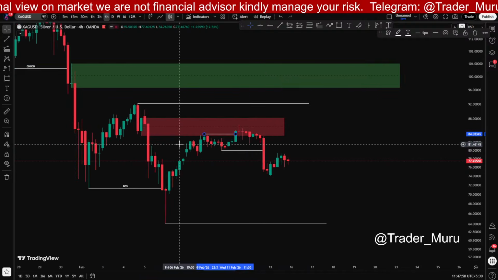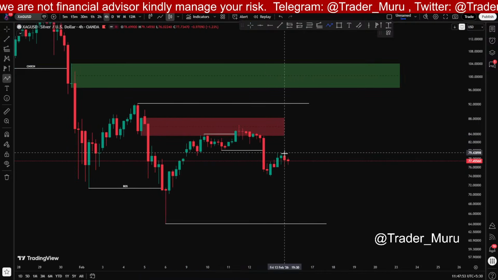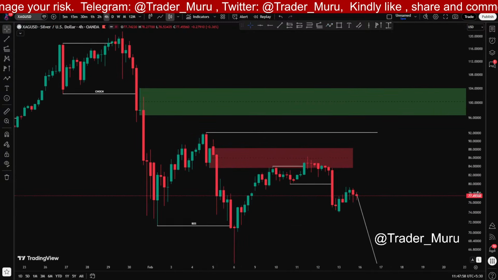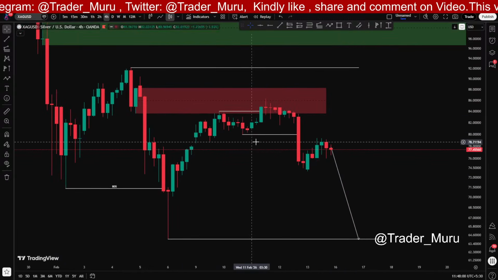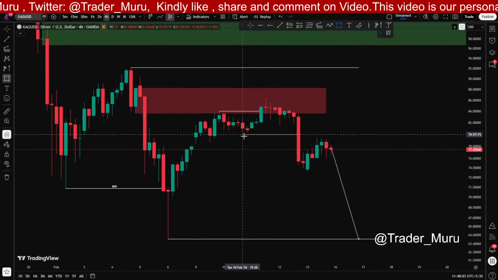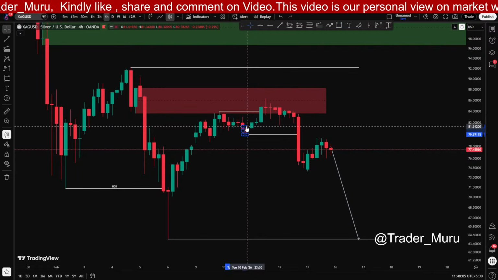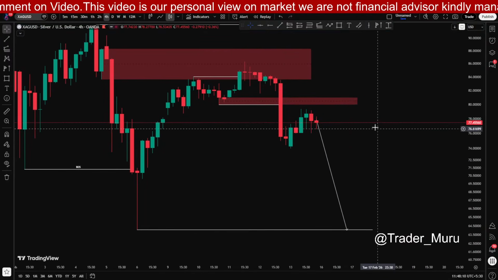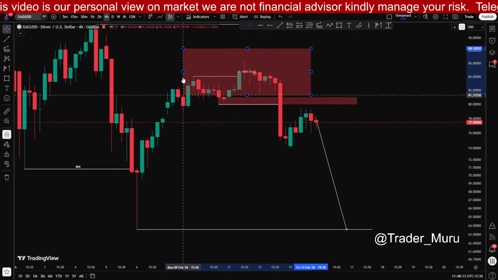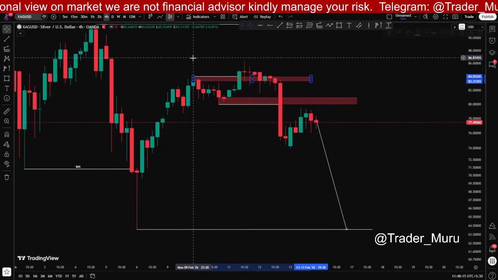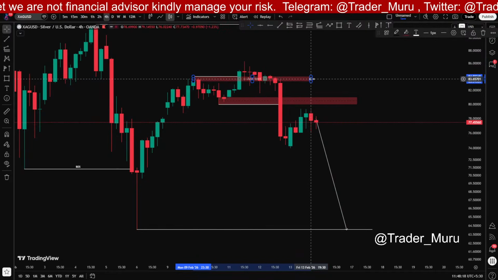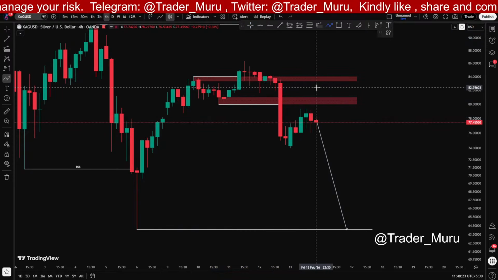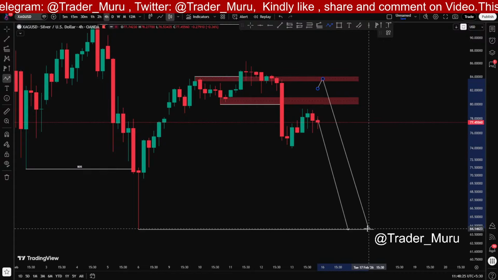So this is an indication that price wants to go to this level. So after the change of character, price should test this area and drop, as this QML zone is aligned with this supply. See this? So from these 2 zones, I'm expecting silver to create a new low.